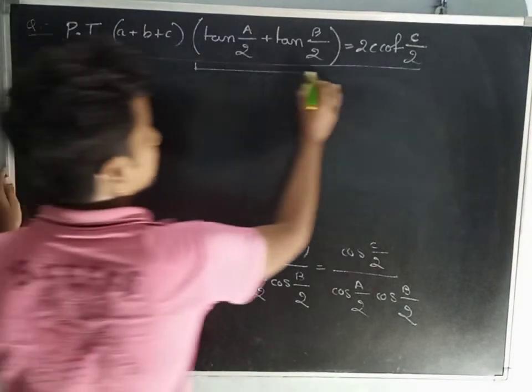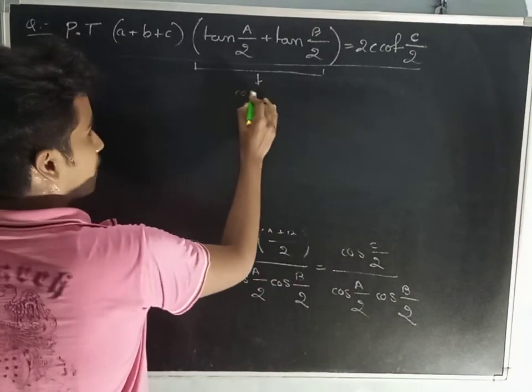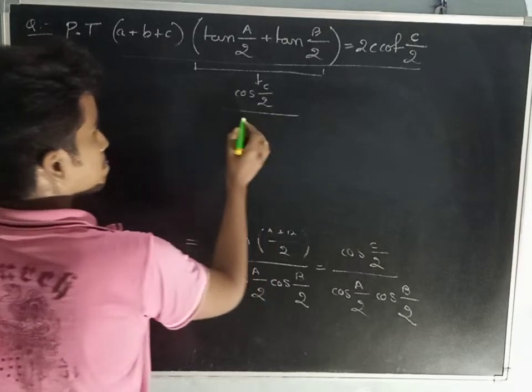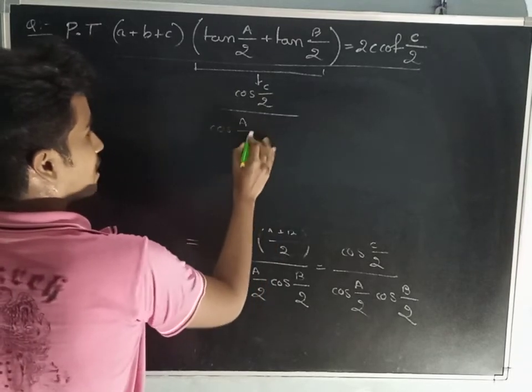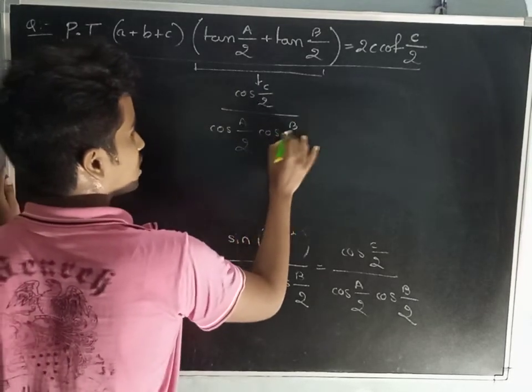So finally this part we have got as cos C/2 by cos A/2 cos B/2.